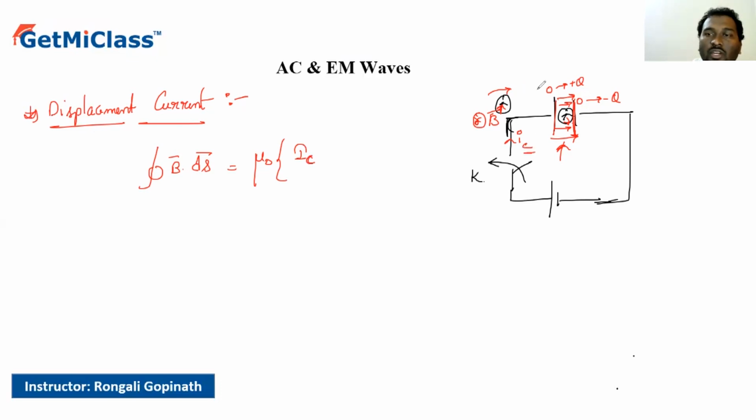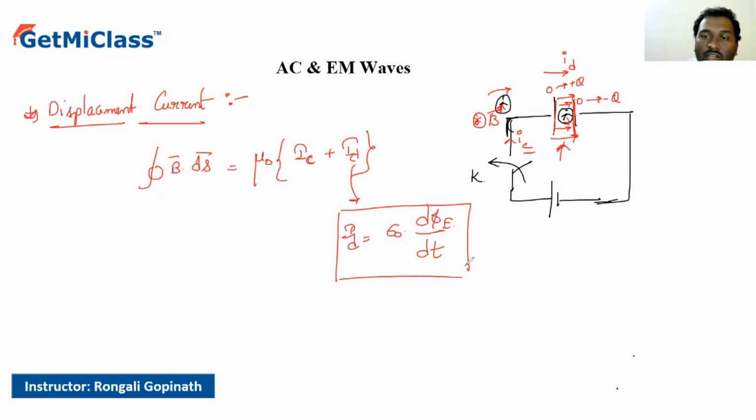The other current need not have a physical appearance, but it is assumed to flow between the plates of the capacitor when it is being charged. We call it displacement current I_D. And this value of displacement current I_D is given by epsilon naught into d phi by dt, the rate of change of flux. Remember, this flux is electric flux, not magnetic flux.